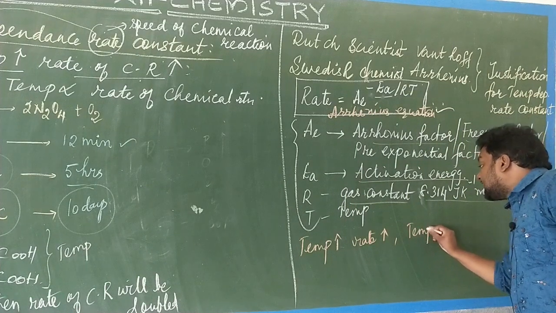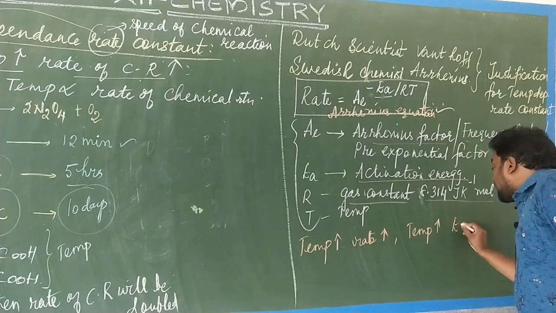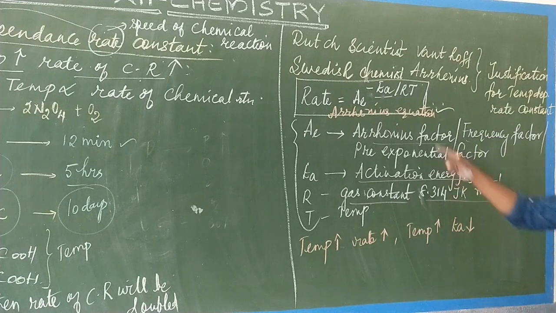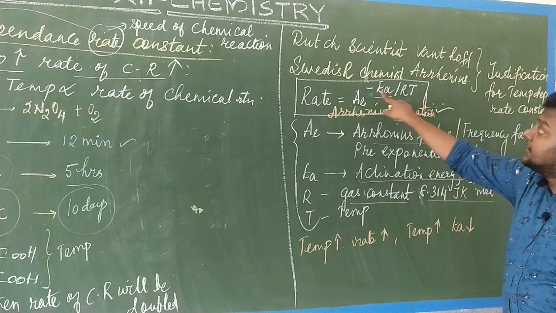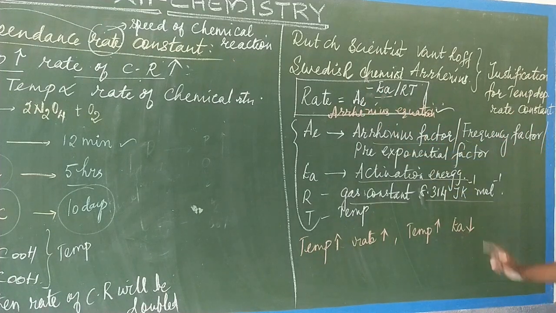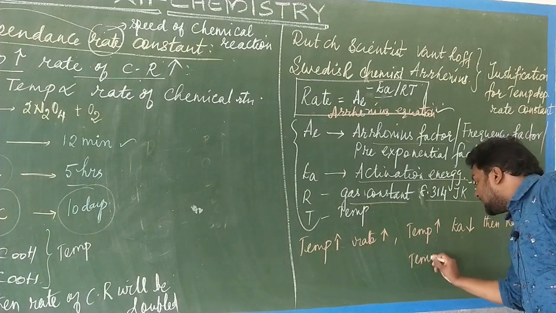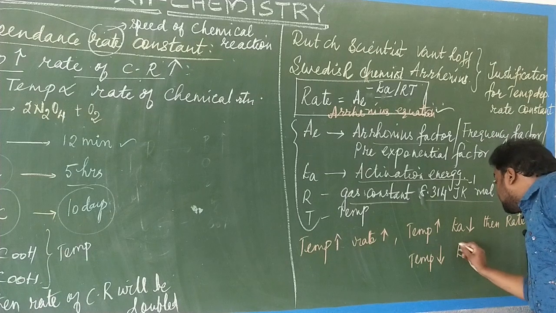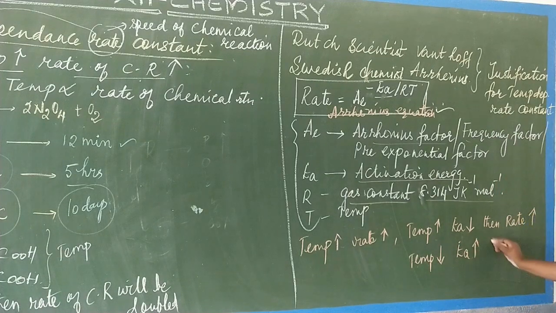Similarly, second condition, whenever the temperature is high, the activation energy value should be low. So when temperature is high and the activation energy is low, the rate will be high. Vice versa, if temperature is low and the Ea value is high, then the rate of the chemical reaction tends to be low.